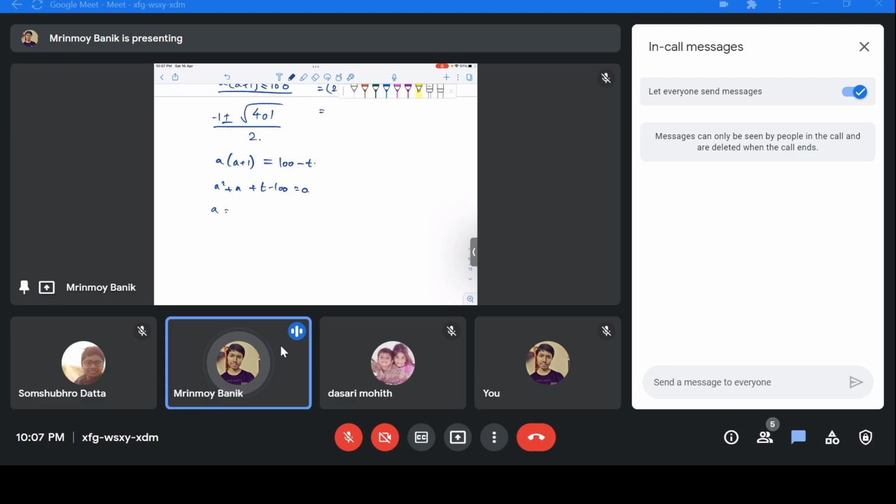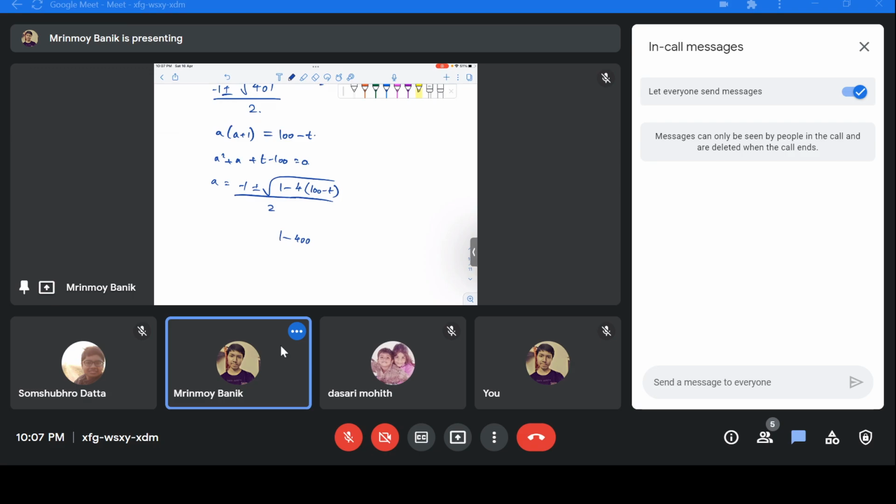So then we got a quadratic, with discriminant 401 minus 4t.